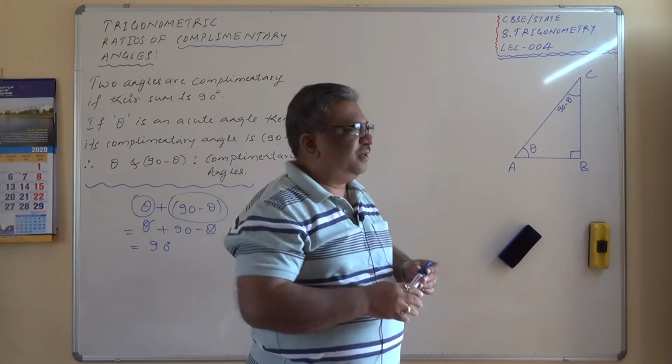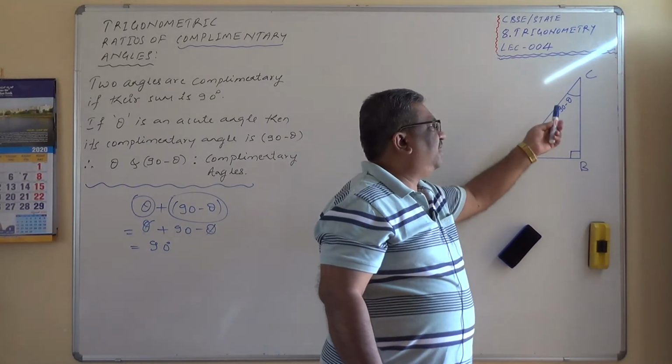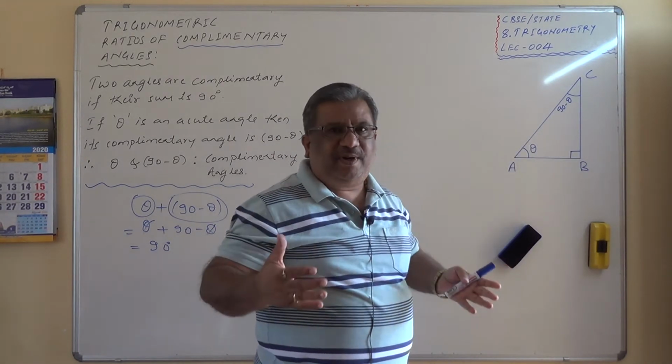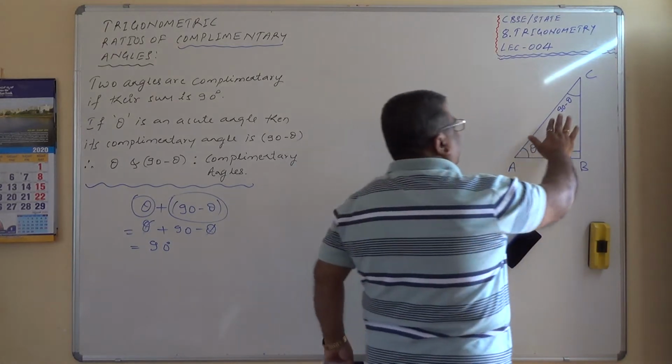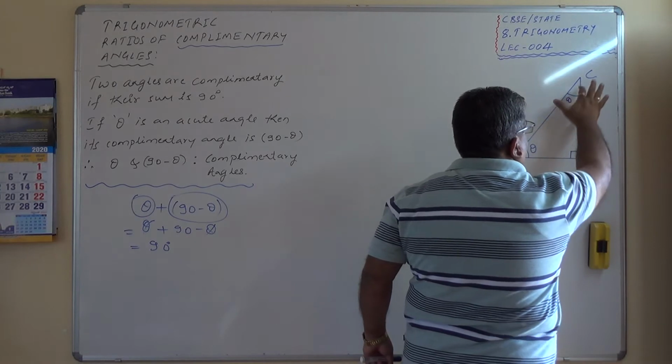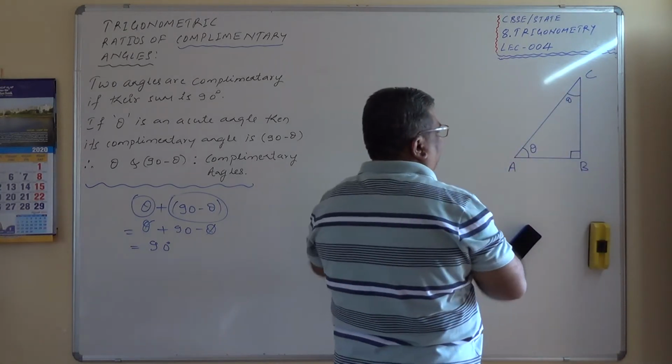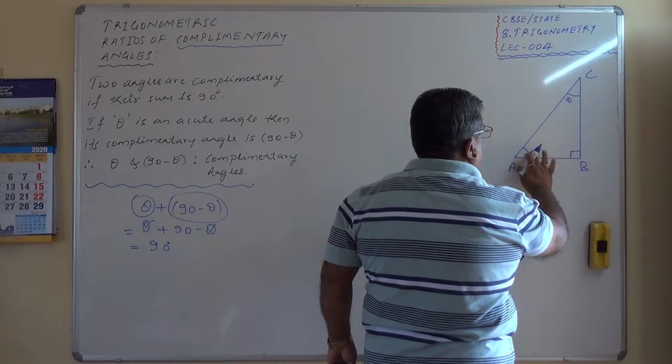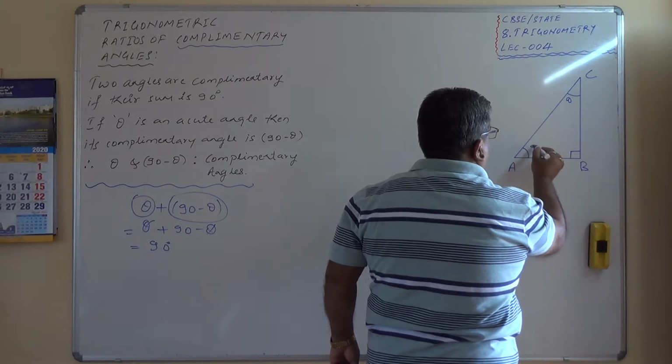I would like to change this one a little bit. Let me take this as theta here. This angle is theta, and in that case, this angle will be 90 minus theta.